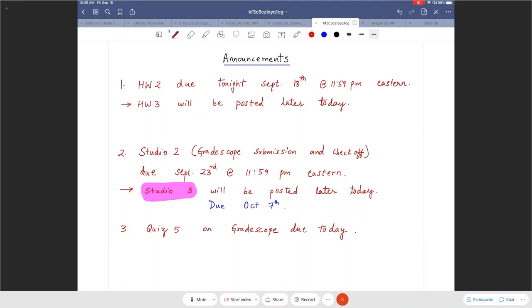How many total studios? We might get to maybe 8 to 10. Not all the studios are going to be based on the FPGA board. Some of the later ones will be simulations using LogicWorks.